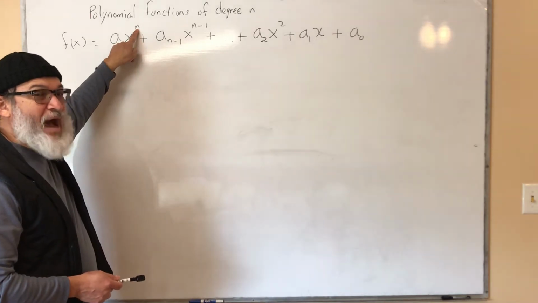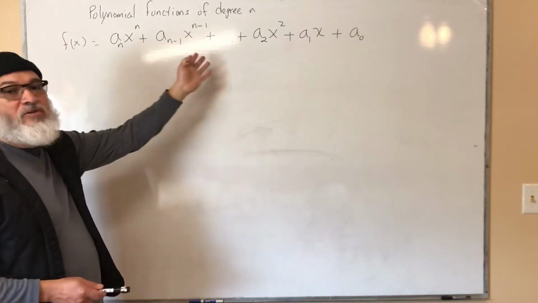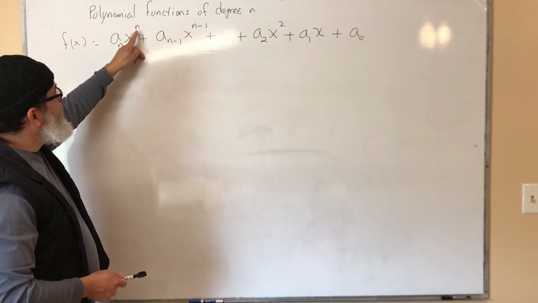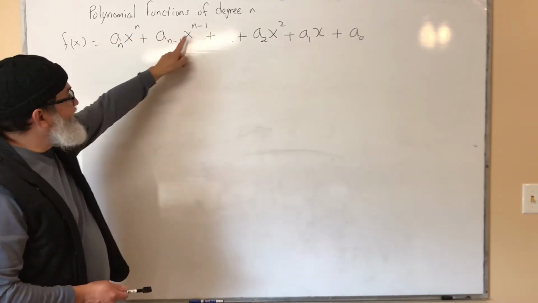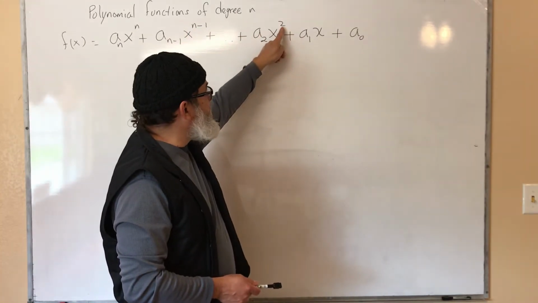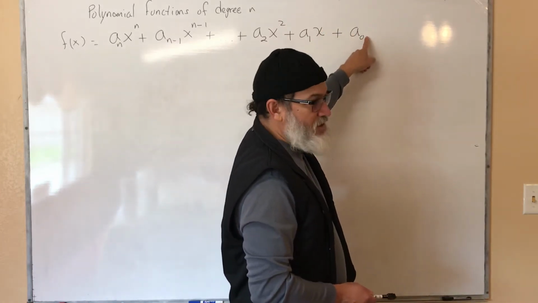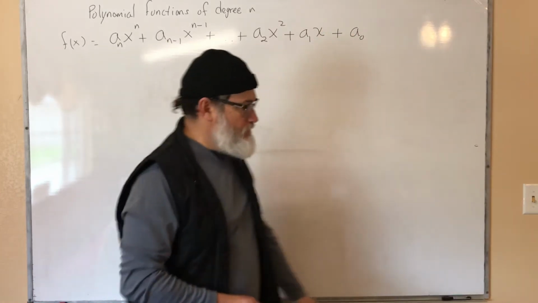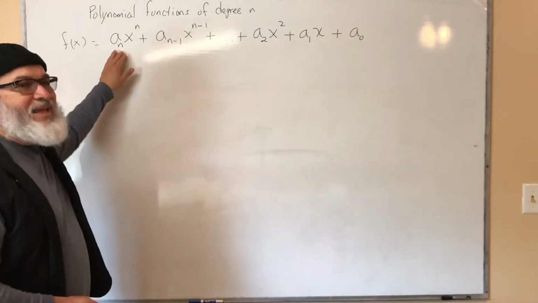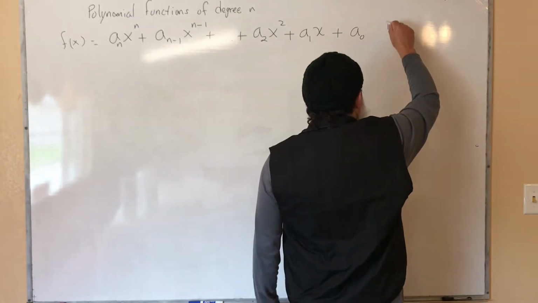The greatest power is the degree of this function. Since this is n, and this is n minus 1, and it goes all the way down to power 2, power 1, and then here, x to the 0. So this is of degree n.